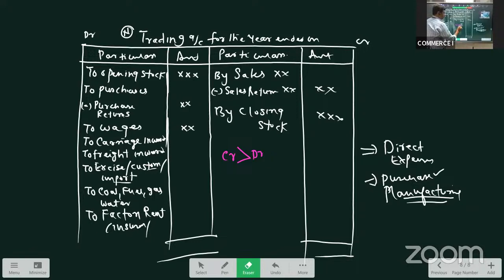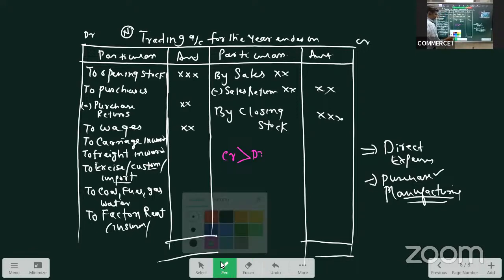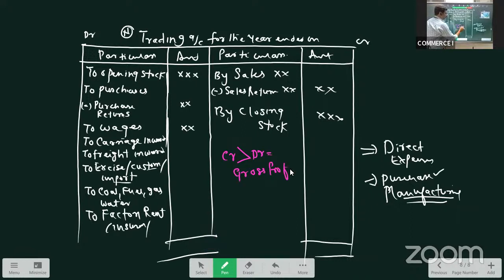If the credit side is more than the debit side, we call this difference gross profit. And if the debit side is more than the credit side, we call it gross loss.